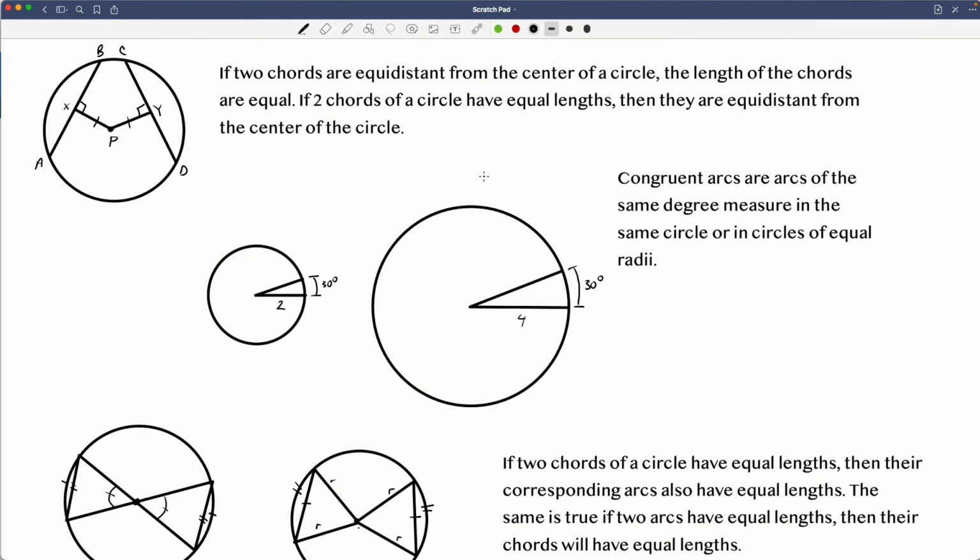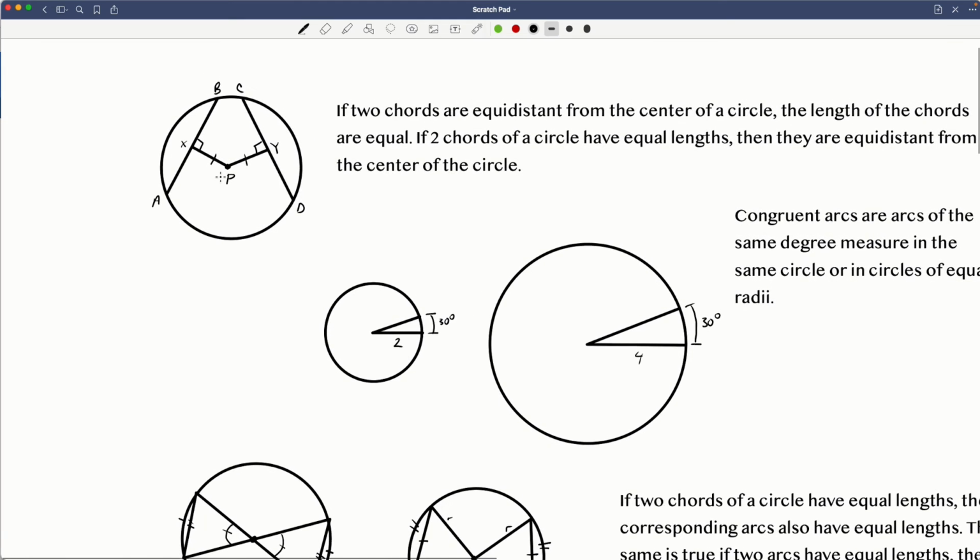All right, so now let's talk about some chords in some circles and some arcs and all that good stuff. So here we have an illustration of two chords within a circle, and the chords are equidistant from the central point P, and we have two radii.